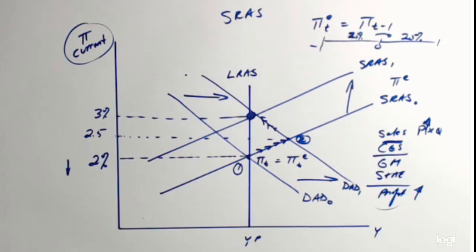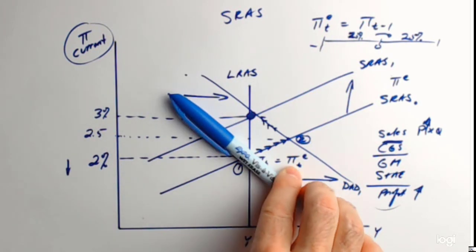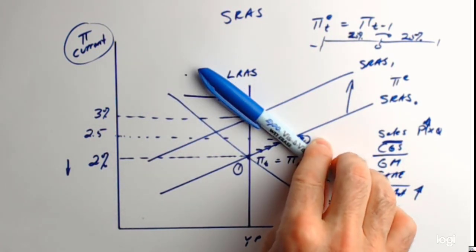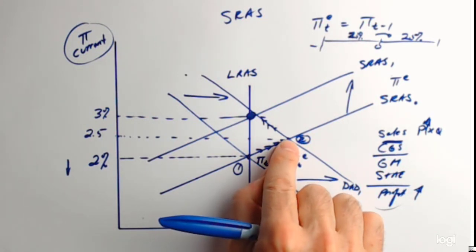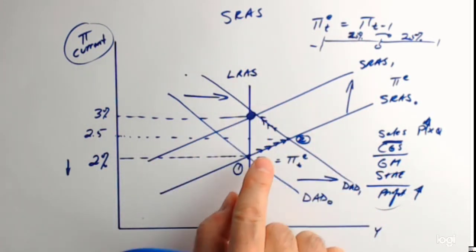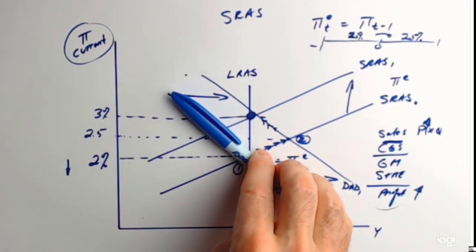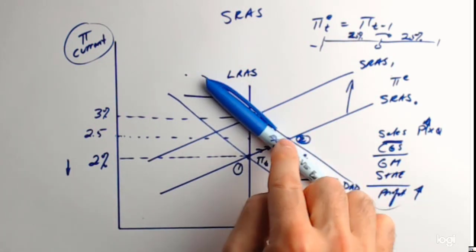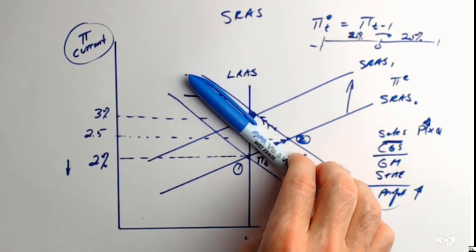Let's continue with the story here of the short-run aggregate supply curve. The other thing to keep in mind is we are at a long run when we're on this line. You know that already. But it's wherever the aggregate demand curve meets the short-run aggregate supply curve that there's an equilibrium in the economy. And if it's not on this line, it's only a short-run equilibrium. So the moment this aggregate demand curve starts to shift out along this aggregate supply curve, we're off the long run and we're into short-run territory.